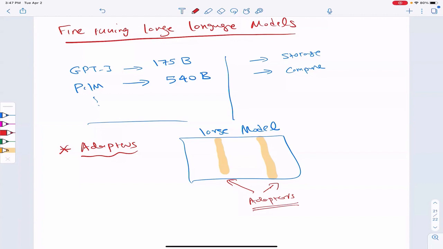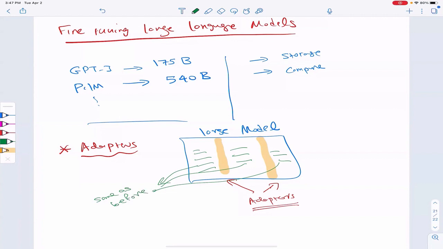So I'm not going to change the entire weights. These are going to be the same as the pre-trained model, same as before. But some parts of my network are allowed to adapt to the particular setup that you're fine-tuning. That's basically the idea of adapters.